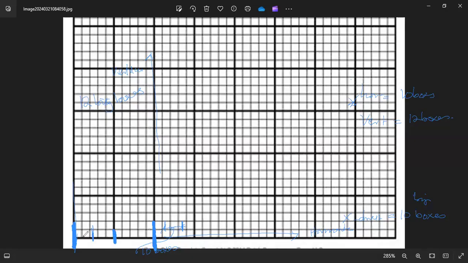You get it? So you have 1, 2, 3, 4, 5, and 1, 2, 3, 4, 5. Every 5 small boxes is actually 1 centimeter. So that big box we are referring to, which contains 10 small boxes, is actually 2 centimeters.